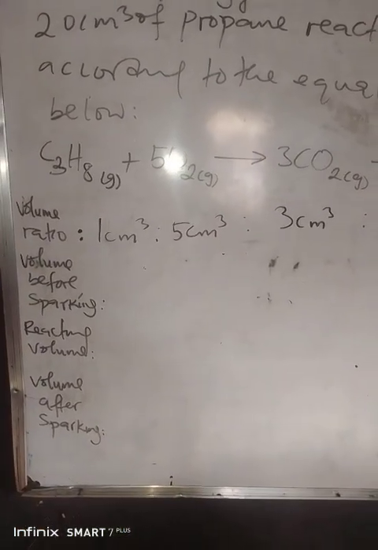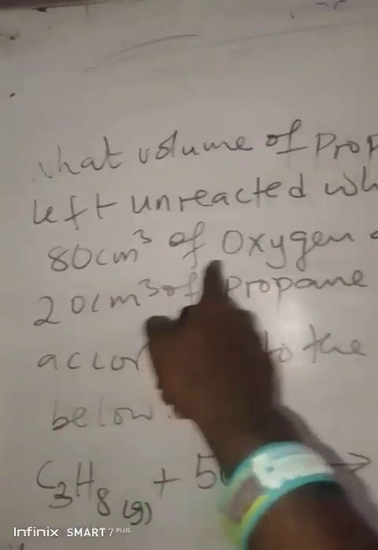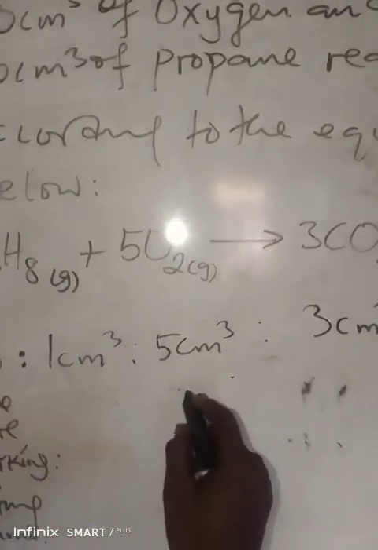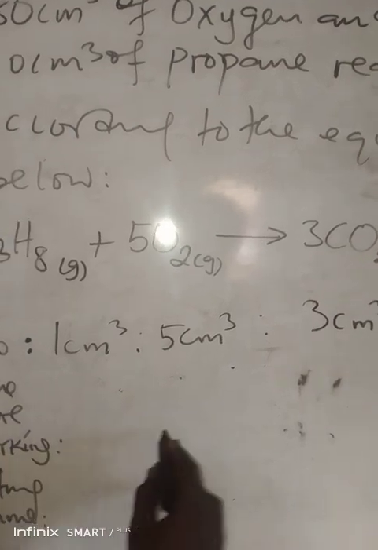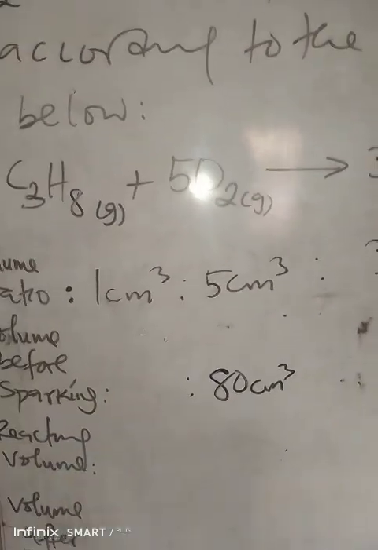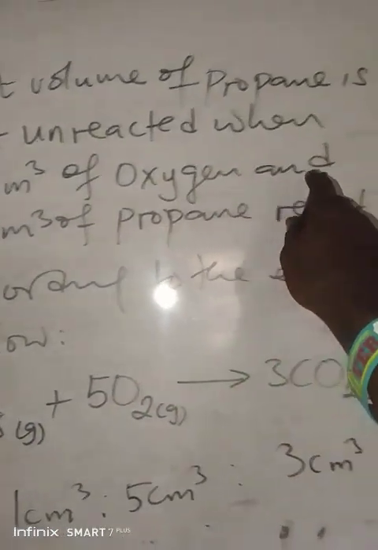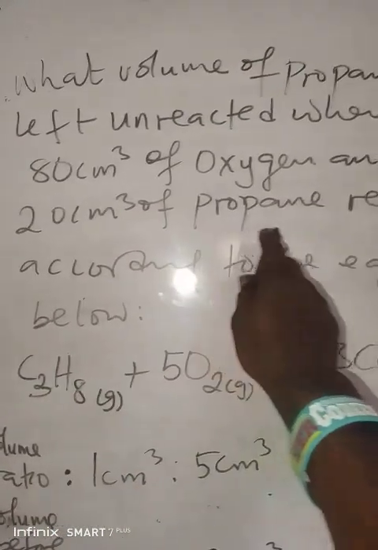So now what are we going to do here? What did they give us? Volume before sparking. They gave us 80 cm³ of oxygen. So under oxygen, before sparking, I write 80 cm³. They say 80 cm³ of oxygen and 20 cm³ of propane.